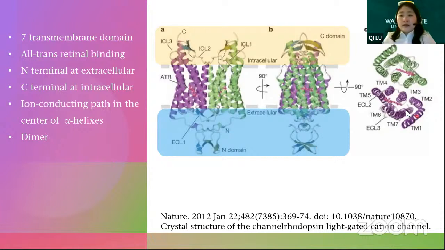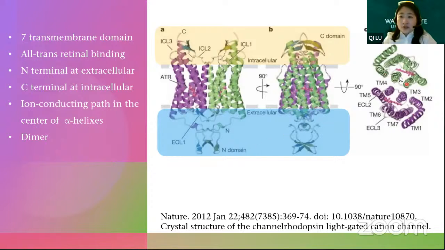But the channels are located within each monomer. So here there's a channel, here there's another channel. The ion flux is between these four transmembrane domains, transmembrane domains 1, 2, 3, and 7.